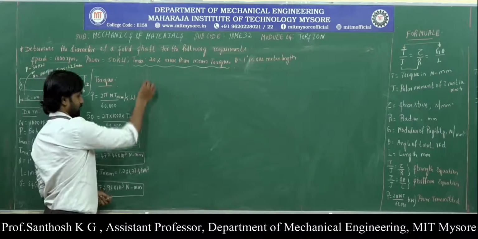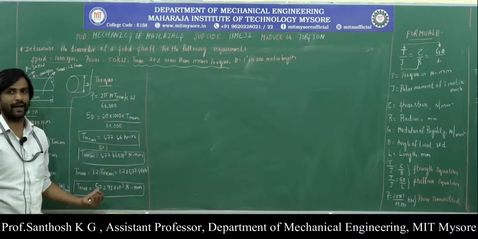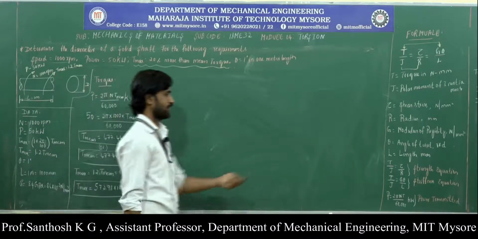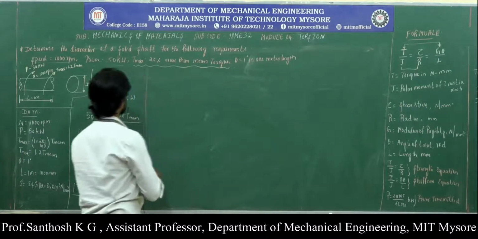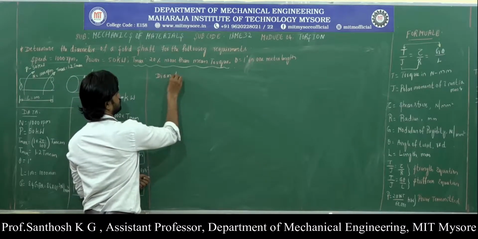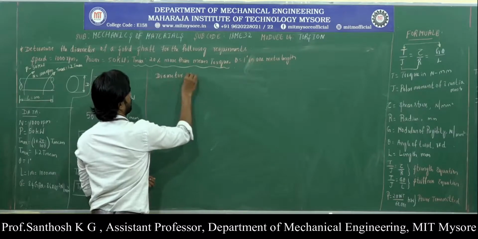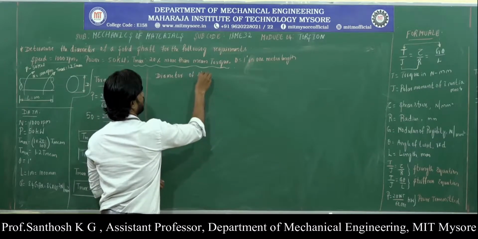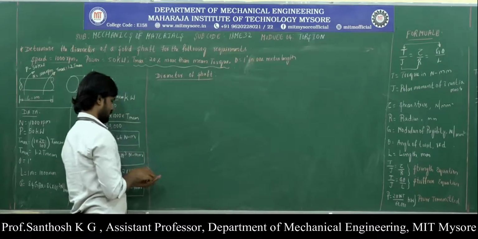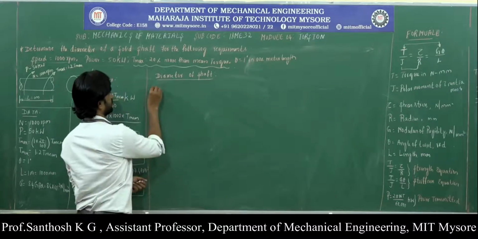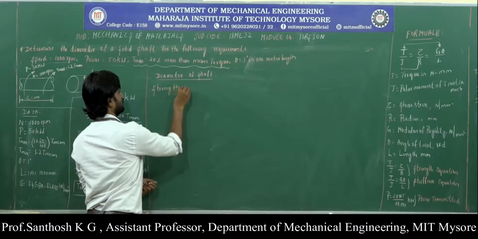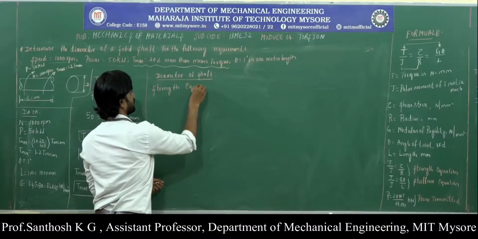Once you get the value of the maximum torque the shaft is subjected to, then we can find the diameter of the shaft. In order to find the diameter, we should use the strength and stiffness equation. So, first I will be using the strength equation.